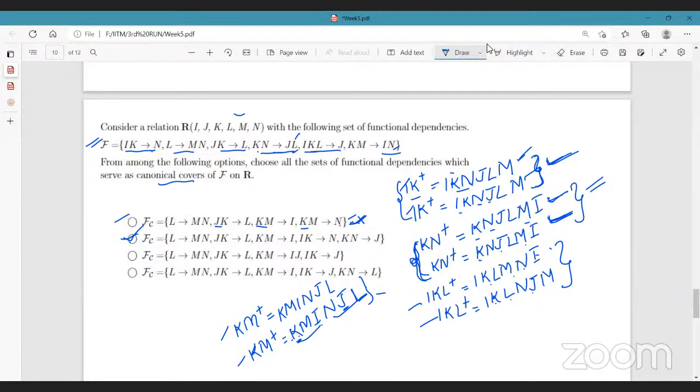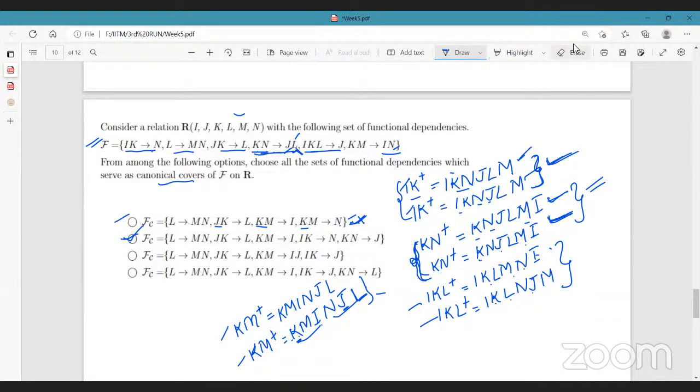How did we know? Because when we check the closure of Kn with Kn determining JL, and the closure with Kn determining only J, both give the same result. So by that we can say that L is the extraneous attribute.